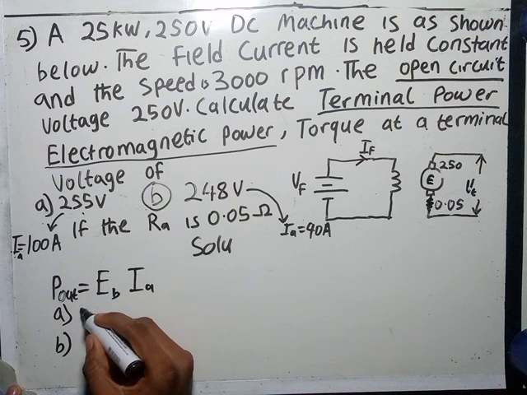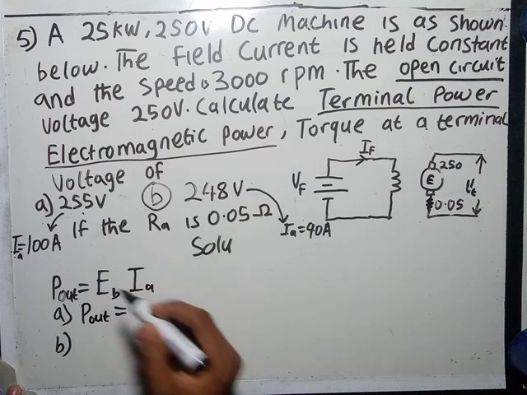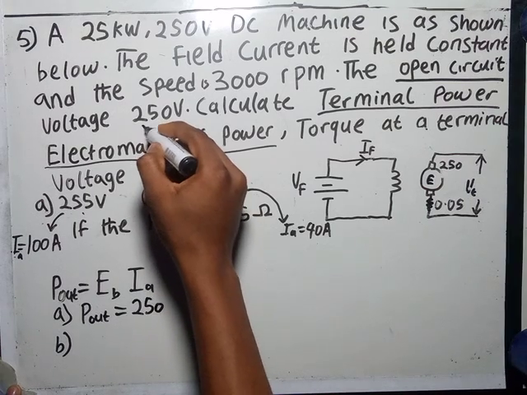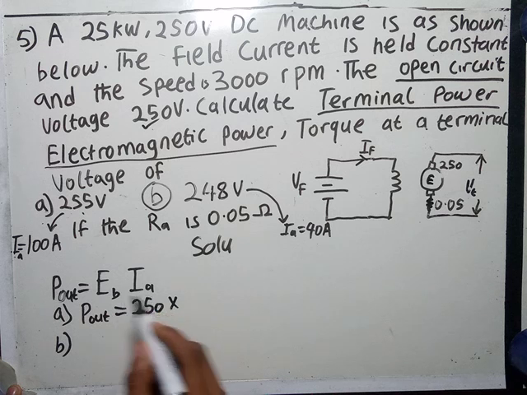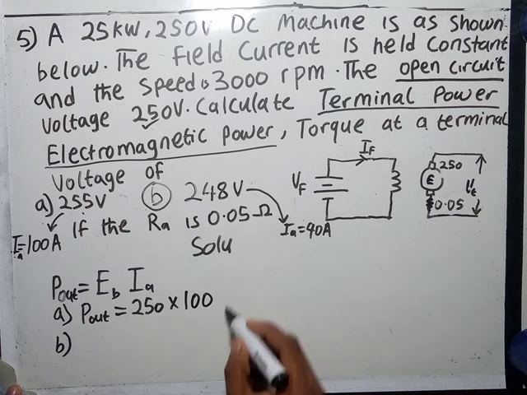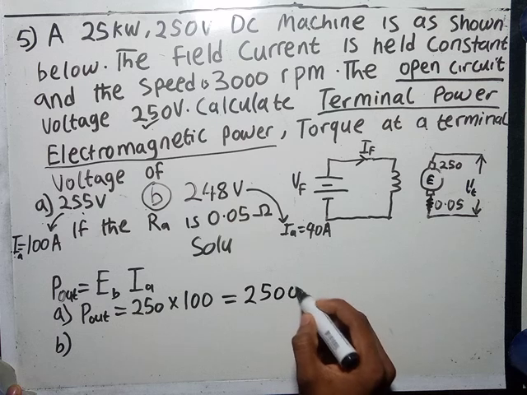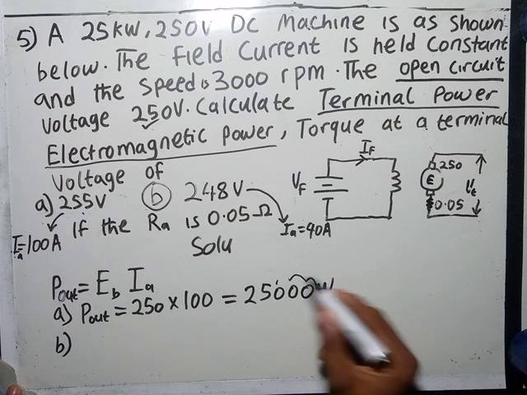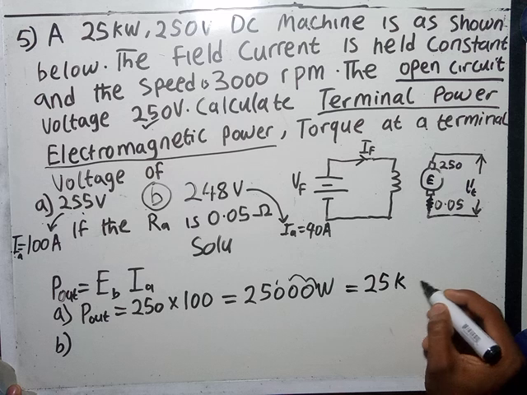Now for our A, EB is 250. Now this is multiplied by our armature current for the first one, which is 100. This will give us 25000 watts. Converting, we have that this is 25 kilowatts.